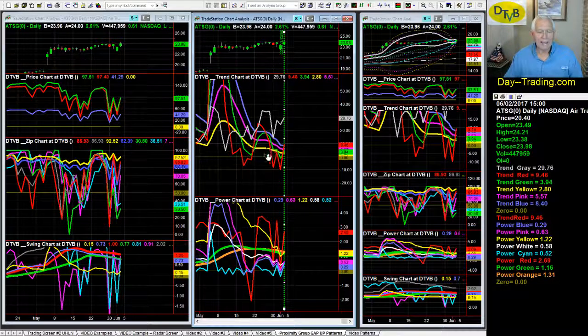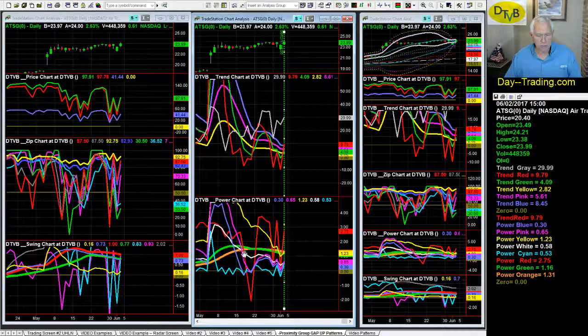So we have the divergence in the trend red BOC higher and the power red BOC lower. We have the big separation between trend red and trend gray. All the trend red and gray are above the blue line, which is good. Green has up-touched into the pink line, which is great. The trend chart tells us that there's going to be a nice gap down tomorrow.